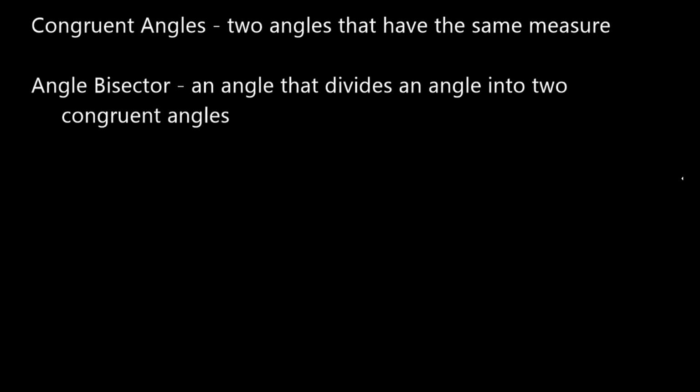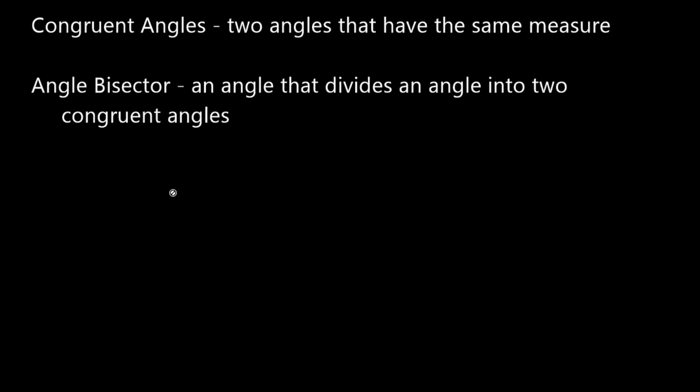So congruent angles are two angles that have the same measure. Just like we had congruent segments, we can have two angles that are congruent. And so the attribute that they share in this case is their measure again.